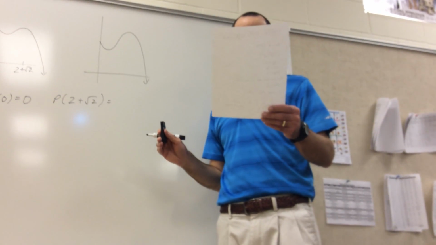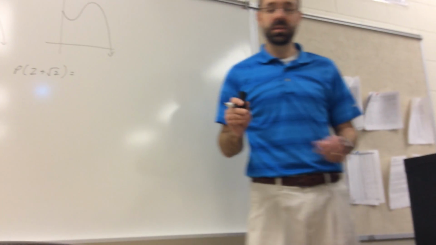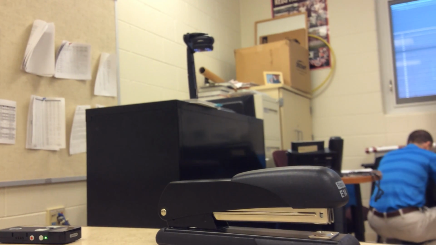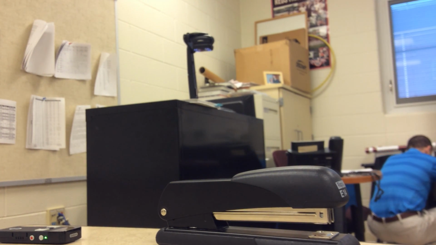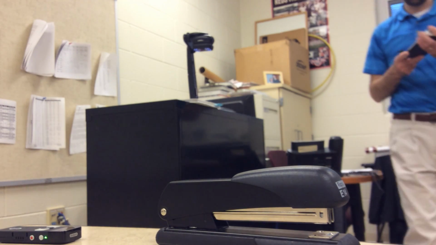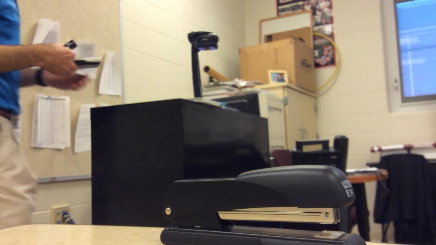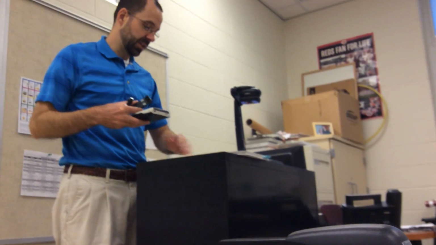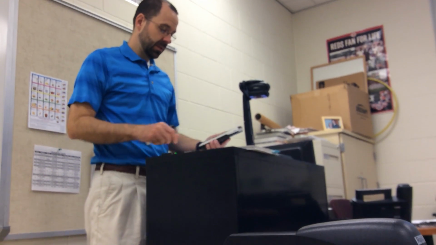And then P of 2 plus root 2, I don't have that down, so I better figure it out. So I'm plugging into the original, right? The profit function was negative x cubed.